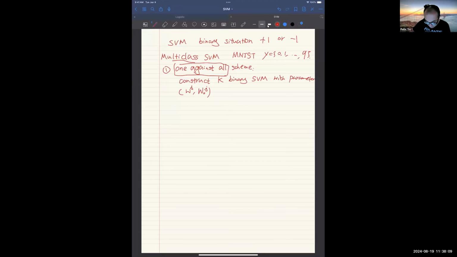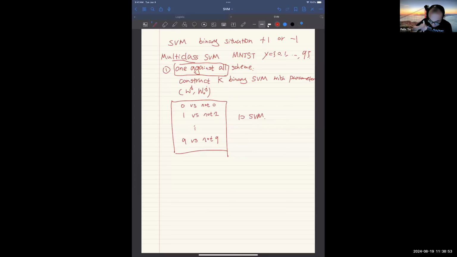In the MNIST data set, you are creating 0 versus not 0, 1 versus not 1, and so on, up to 9 versus not 9. So basically you have 10 different SVMs to work with. They are all binary. You train these 10 binary SVMs with one against all, where each classifier takes the current class J against all others.